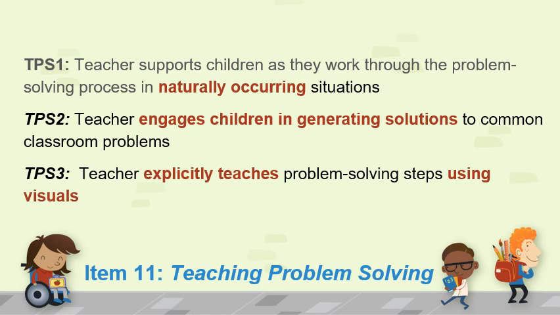Typical situations occur during work time, outside time, transitions, or one-to-one interactions. If arguing over a toy, you might say, if you both want that toy, you could take turns, trade, or choose to do something else. What do you want to do? You can talk or demonstrate the problem-solving steps.